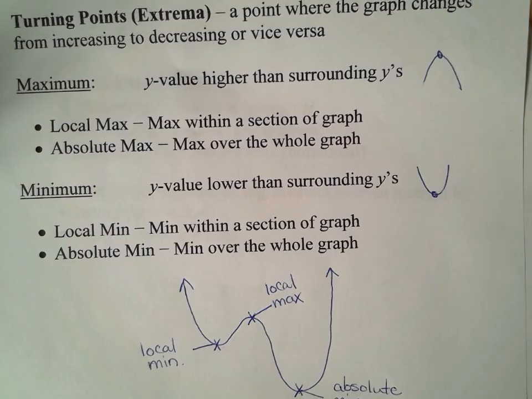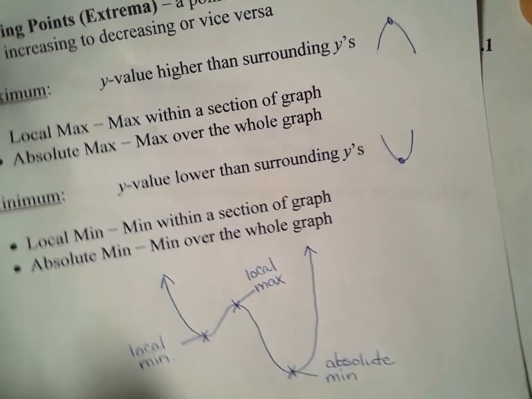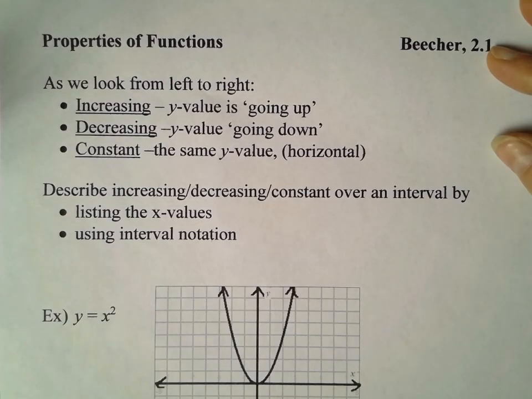Now let's take a second to look at how we talk about when and where a graph is increasing, decreasing, or constant. Okay, and so the increasing, decreasing, or constant, we always make this judgment as we look from left to right.